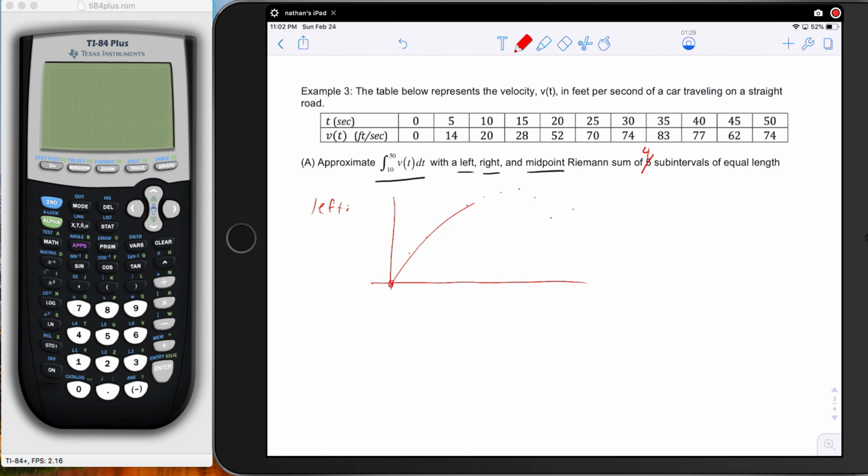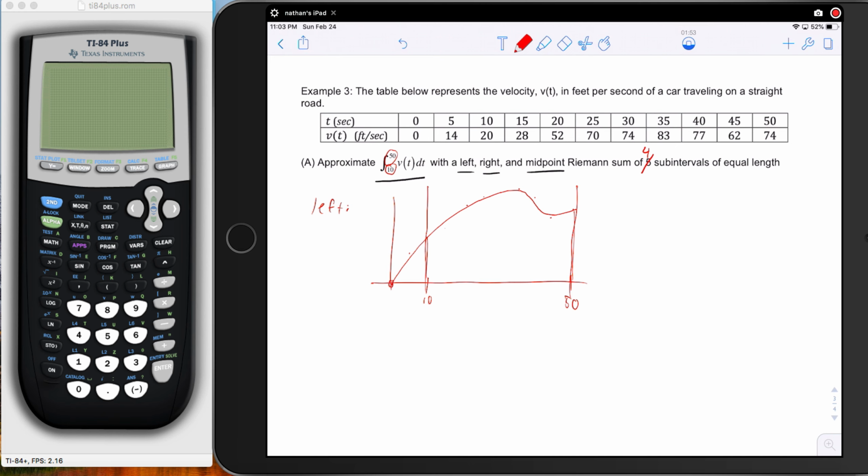So let's say we just had a curve. I'm just sketching it for our purposes here. We want a left Riemann sum from 10 to 50. So here's 10 and here's 50. And so we're going to basically go from here to here.